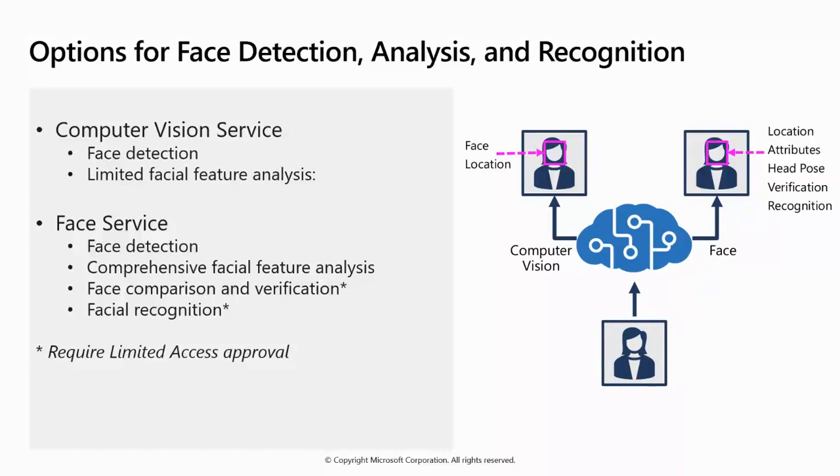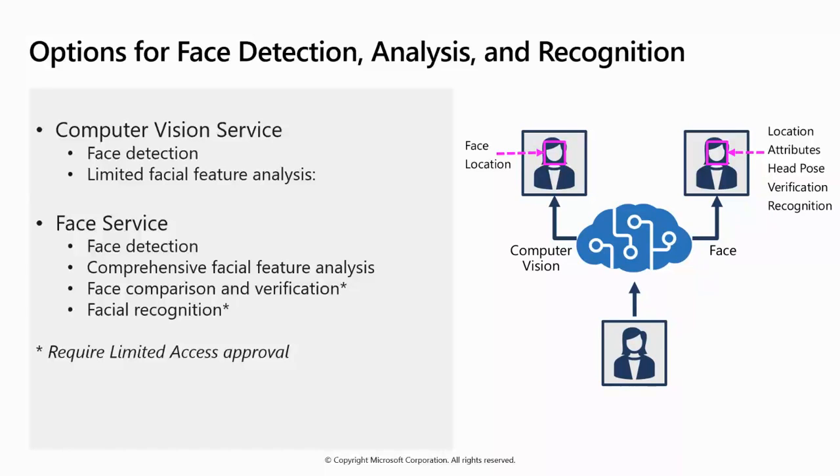Now, we can use two cognitive services to build solutions that can find faces in pictures. The computer vision service lets us find faces in an image and tells us where they are by giving us a bounding box. Now, the Face service can also analyze faces in a wide range of ways. It is much more complete than the computer vision service.